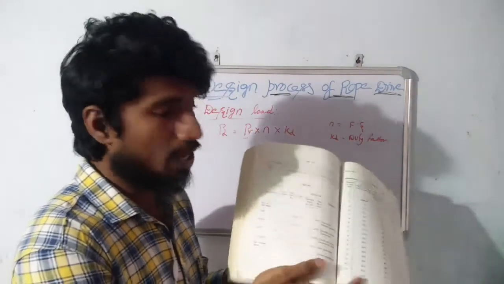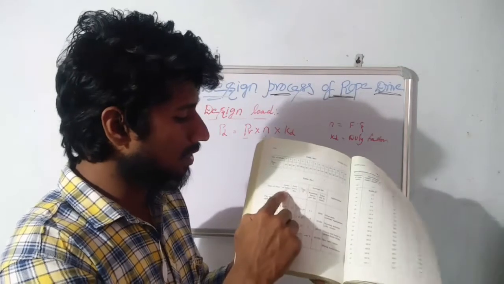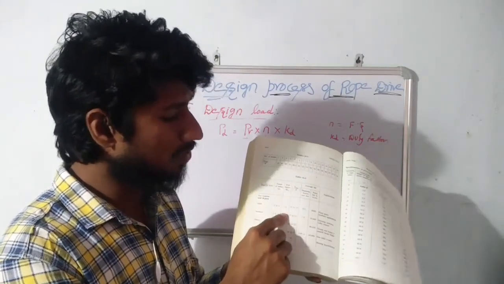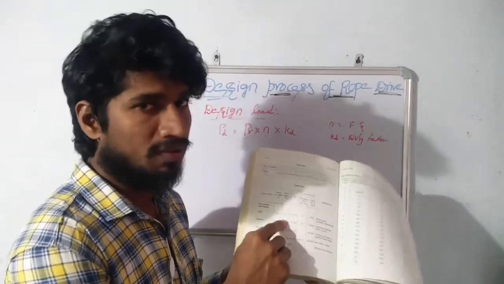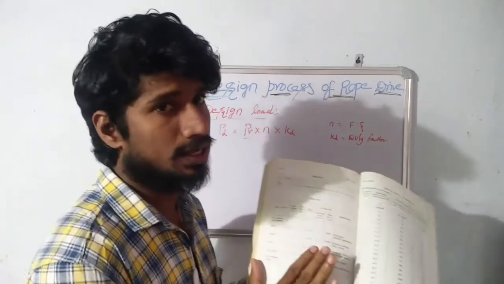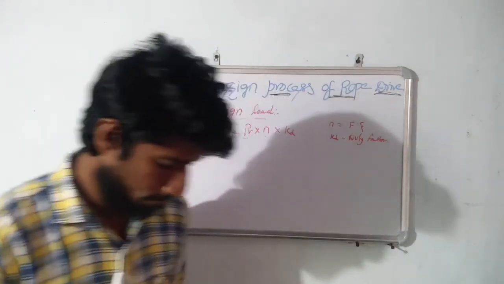So these are the different types of applications. Based on the given application, we are going to consider the factor of safety and the duty factor for that application. Okay, this is about the consideration of factor of safety and duty factor.